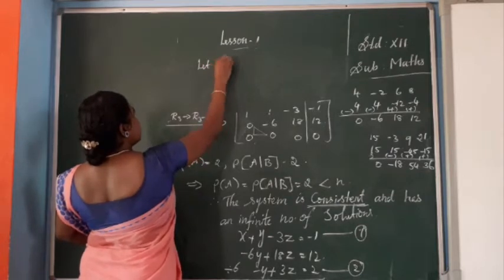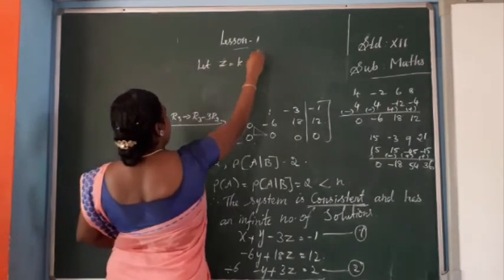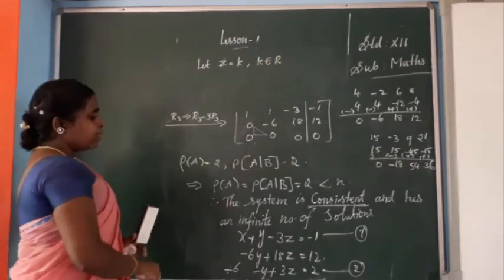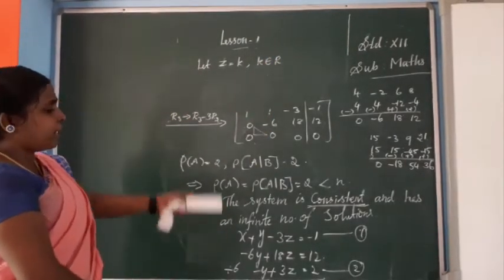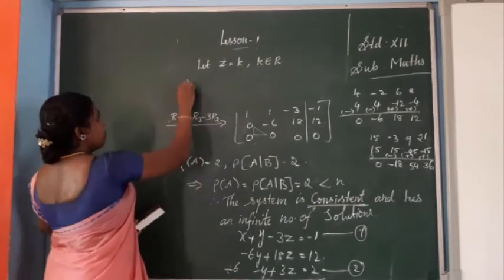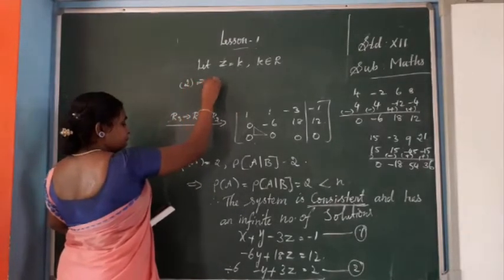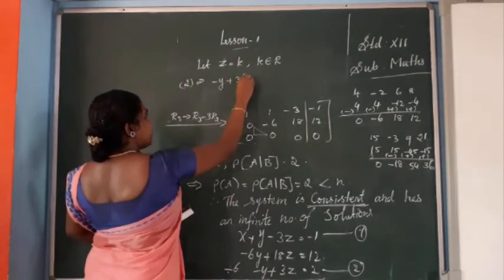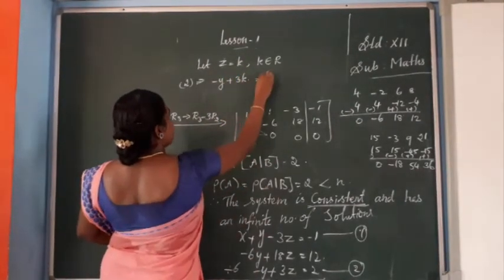Let z equal to k, k belongs to real numbers. Then substitute the z value in equation 2. So minus y plus 3z, instead of z you write k, equal to 2.